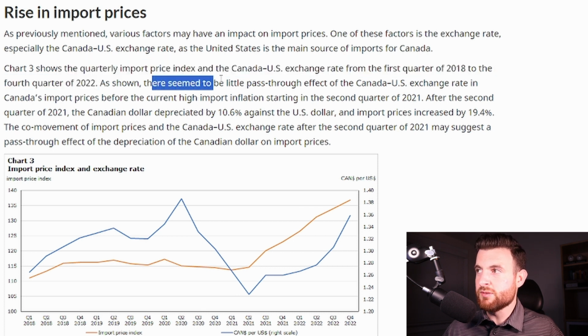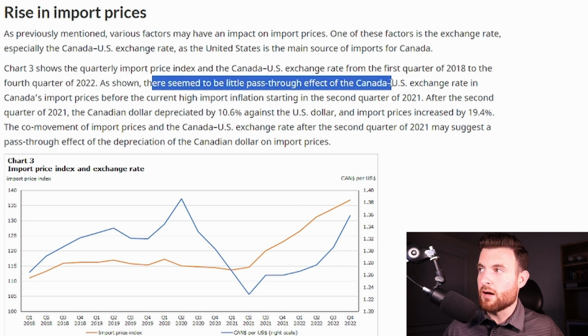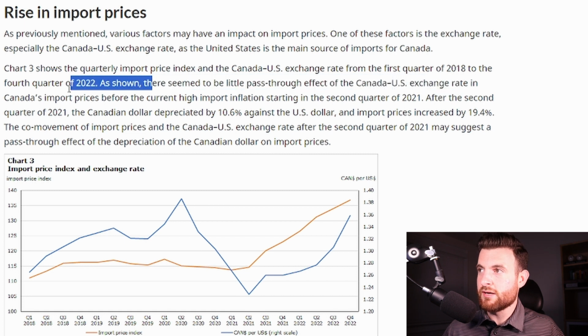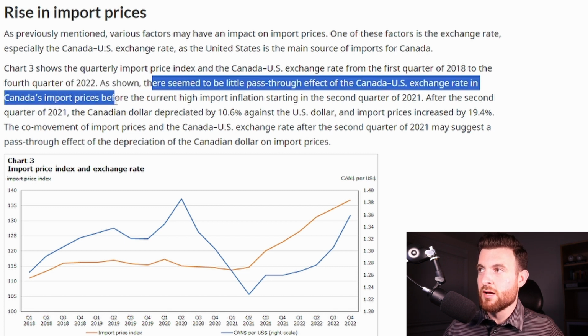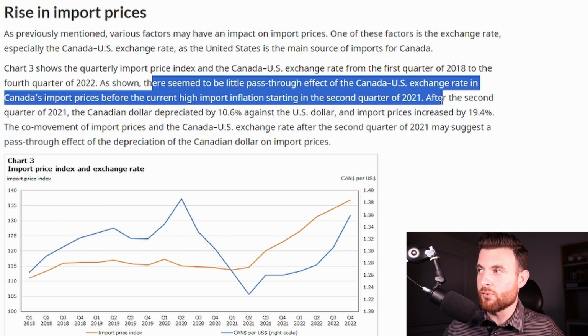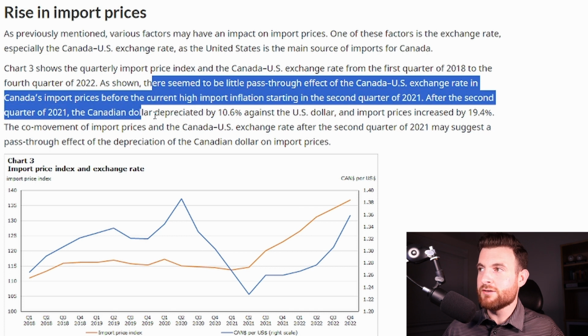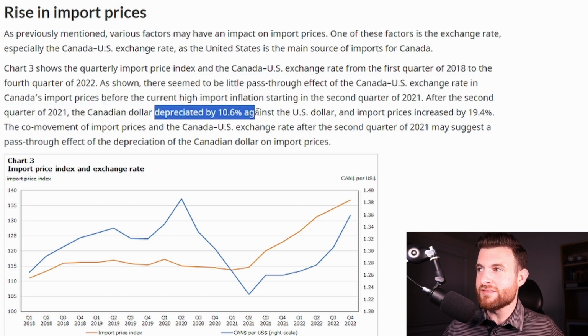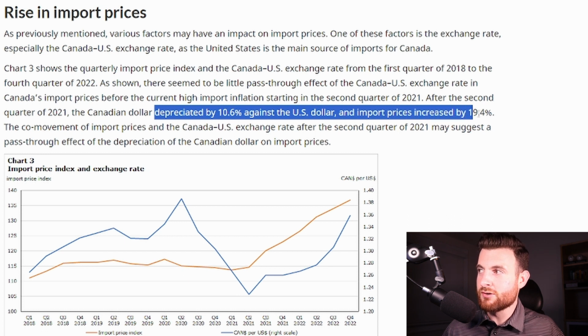As shown, there seemed to be a little pass-through effect of the Canada-US exchange rate in Canada's import prices before the current high import inflation started in the second quarter of 2021. After the second quarter, the Canadian dollar depreciated by 10.6% against the US dollar, and import prices increased by 19.4%.